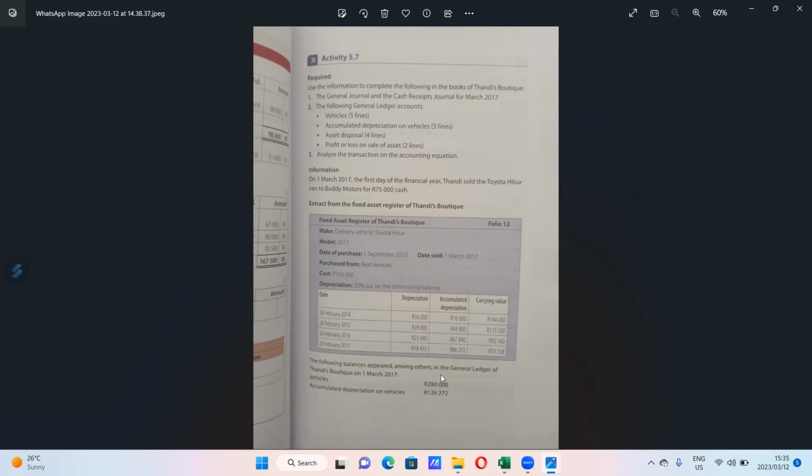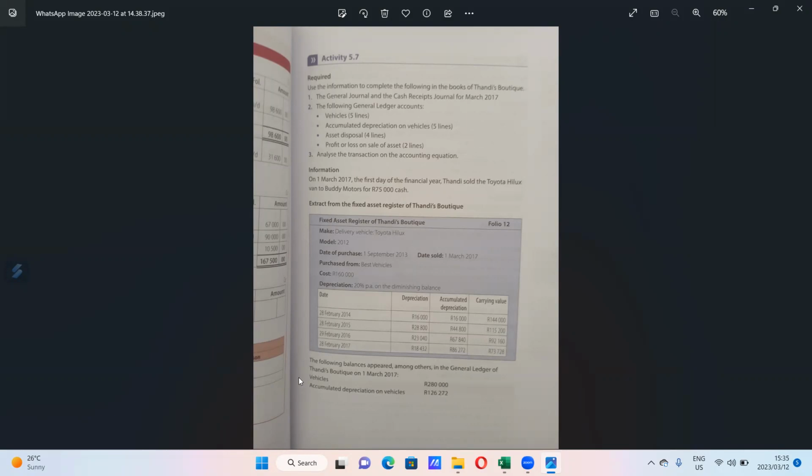Vehicles are 280,000, but the Hilux is 160,000, which means there's another vehicle or two, or whatever. You can only see how many vehicles there are in the fixed asset register, but we just know it's more than one. The accumulated depreciation is 126,272 here, not 86,272, which means there's more than one vehicle.